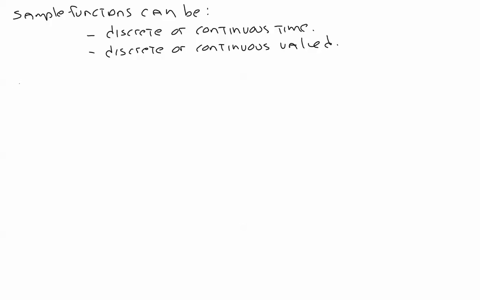So let's look at something that's discrete time and discrete valued. Okay, so let's say we flip a coin every second for 50 seconds.